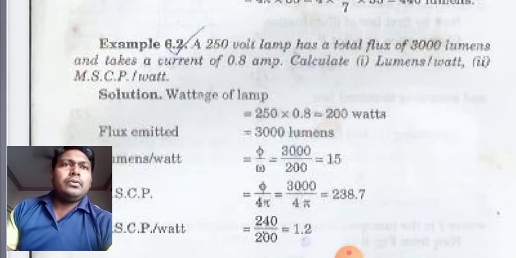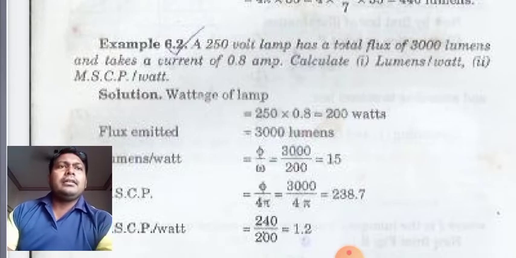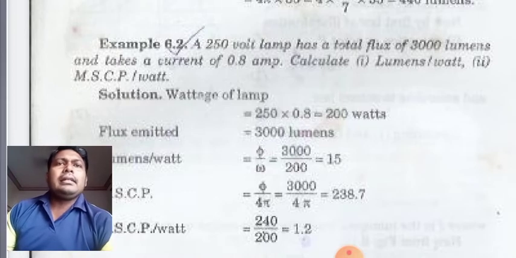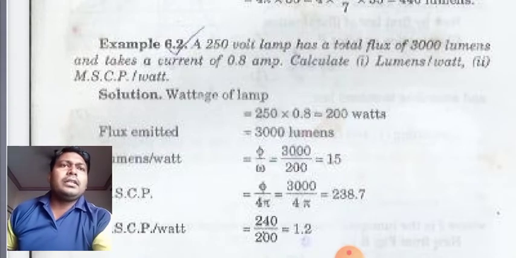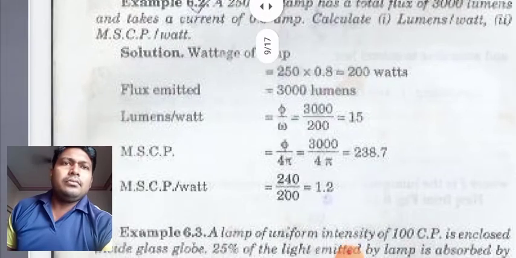A 250 volt lamp has a total flux of 3000 lumens and takes a current of 0.8 ampere. Calculate lumens per watt and MSCP per watt. Here the wattage of the lamp is equal to 250 into 0.8. Flux emitted is equal to 3000 lumens.